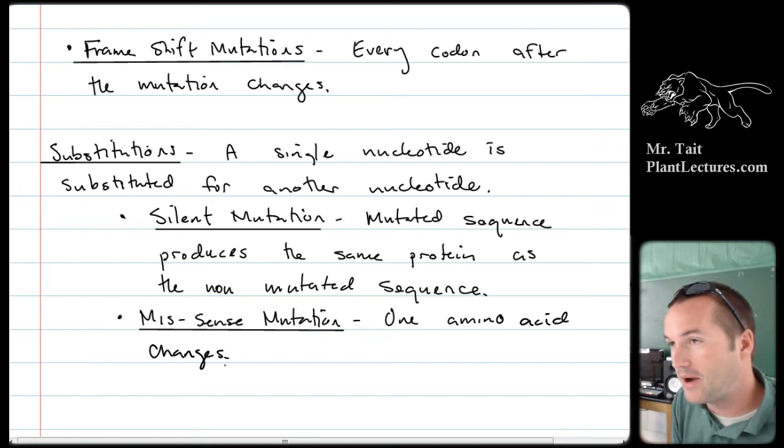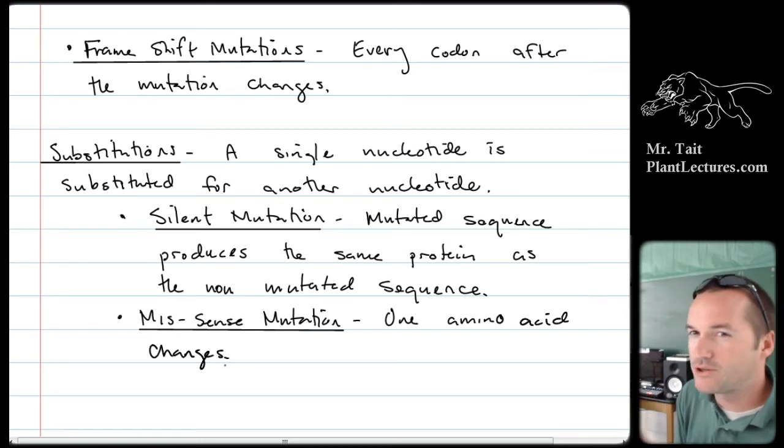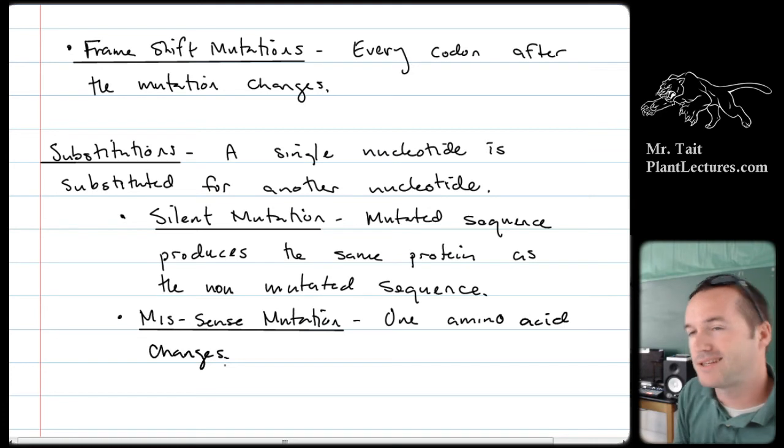So if a single amino acid changes, that means that the protein shape overall will change, but not so drastically like we saw in a frameshift mutation, because most of the amino acids are going to be exactly the same. We're just shifting one of them. So the protein might still be functional, but just slightly less functional, right? Might be slightly more functional.